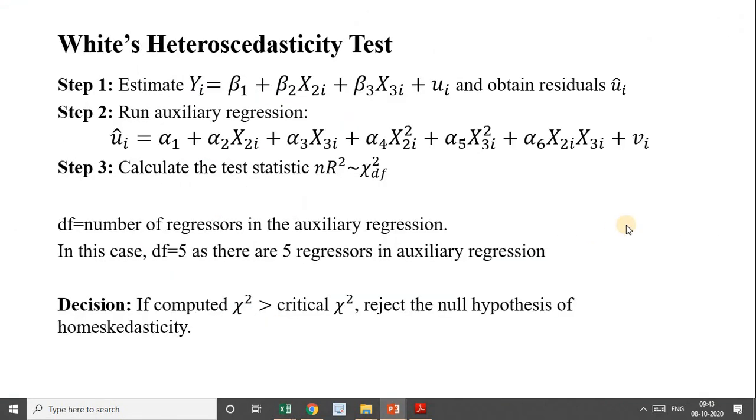And the last test is the heteroscedasticity or White test. Okay, so in this also we are doing the same thing.